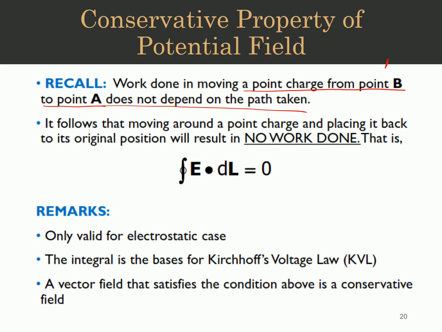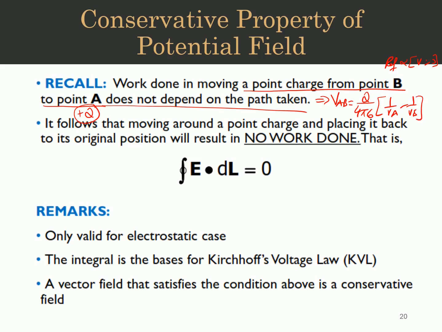Point B can be the reference point at infinity where voltage is 0, and it comes to a point A in the presence of the field generated by any charge Q, and we know that it is independent of path, thus the potential difference equation remains the same for the point charge as Q divided by 4 pi epsilon times 1 by Ra minus 1 by Rb. So this is independent of the path and the equation remains the same.